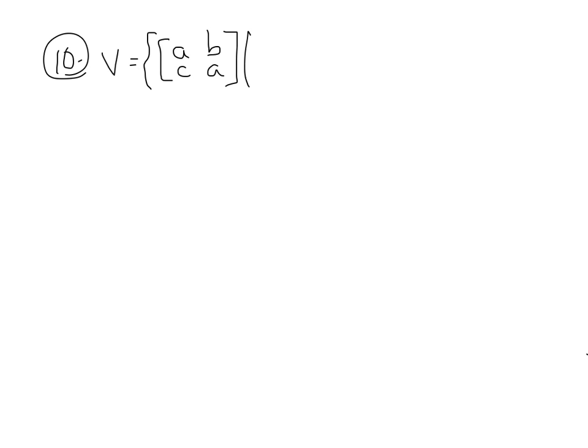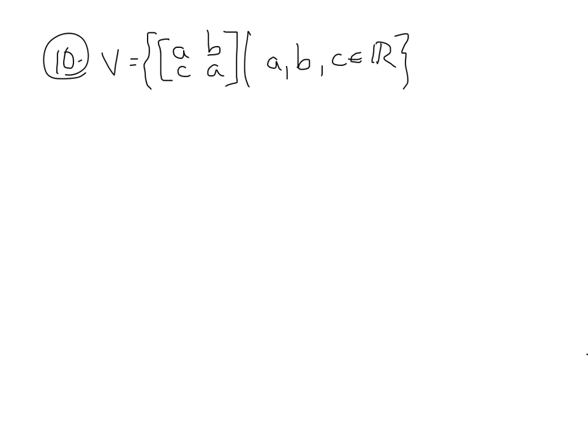Let's look at number 10. These are, again, 2 by 2 matrices. And I'm going to rewrite them in a different way because it says A equal D. So if A equal D, then D and A are the same. So I'm going to write it as AA, where A, B, C are any real numbers.